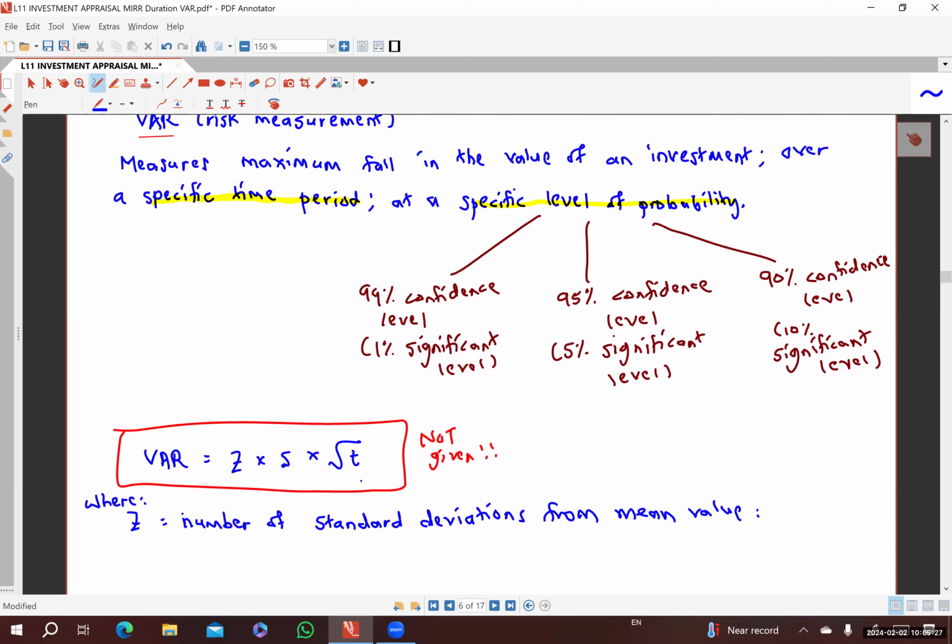We need to refer to a table called the normal distribution table. I show you one here.